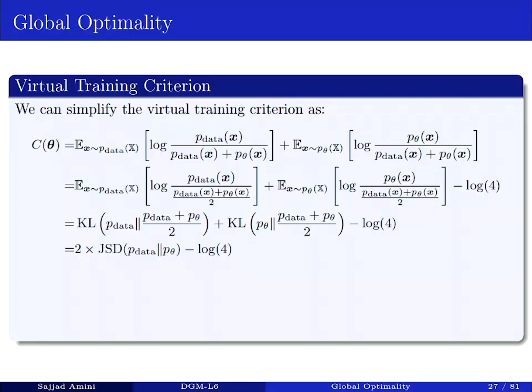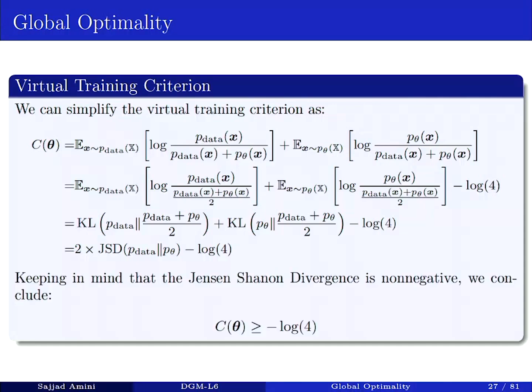Okay. So please pay attention to the updated version of your foundation slide. And now we want to continue our discussion about GAN. We know that this C theta is not achievable. Why?